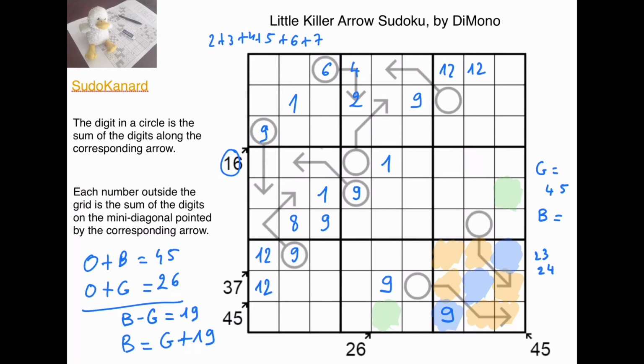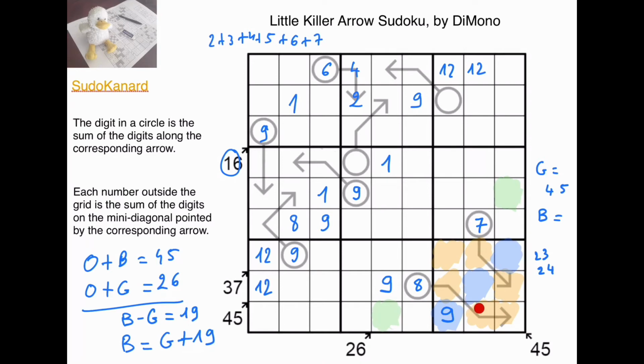And we say that the minimum sum of those 5 yellow cells was 15, the sum of all digits from 1 to 5, 15, but then this has a maximum of 7 and this has a maximum of 8, so the maximum is also 15, so this is a 7, this is an 8.